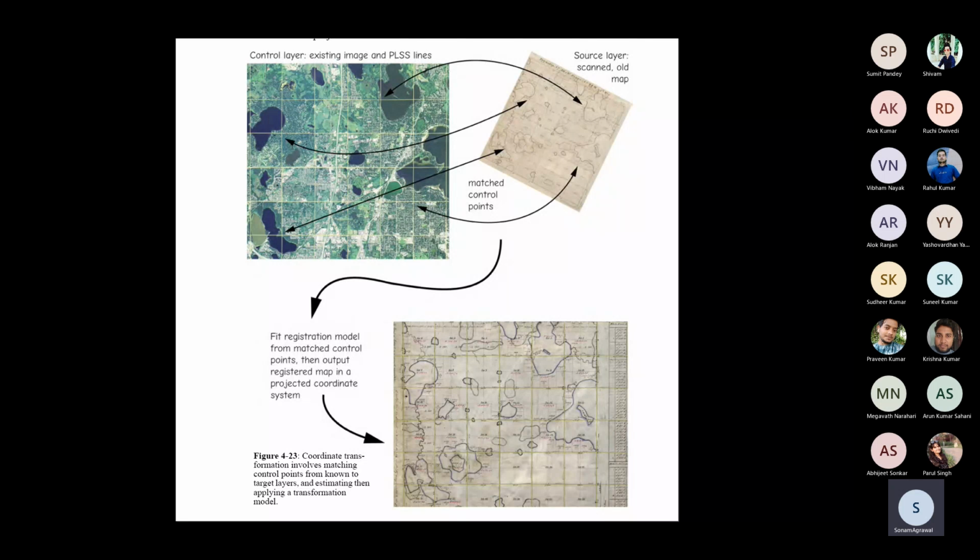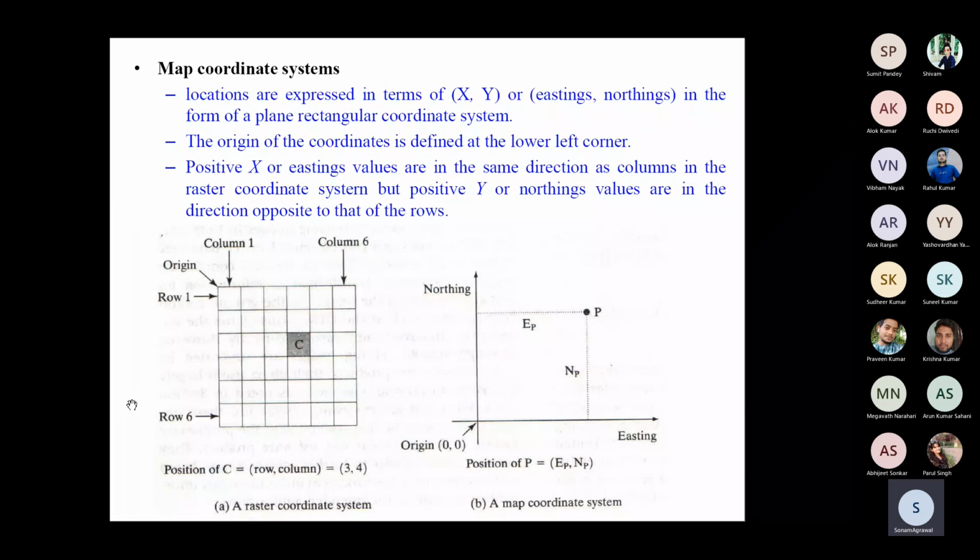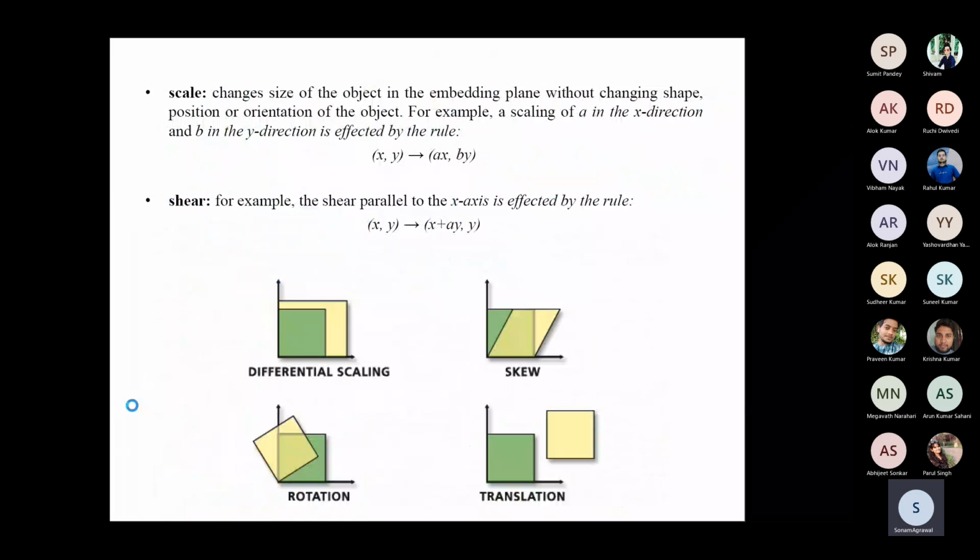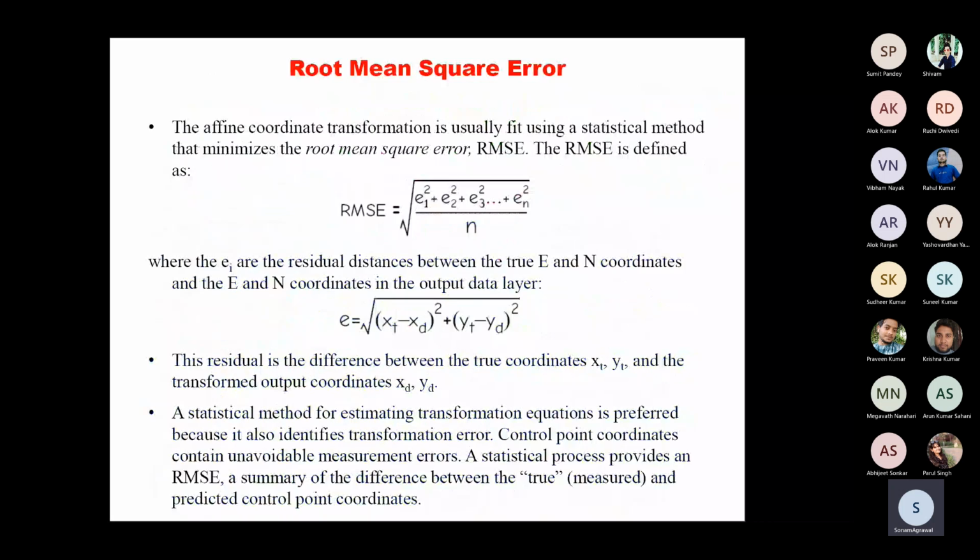Although with three GCPs, six equations will be formed and the unknown parameters could be computed, the problem is we cannot calculate the residual error. Therefore, we mark more than three points.